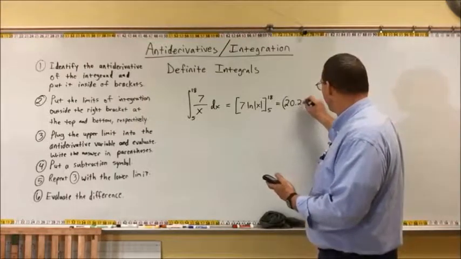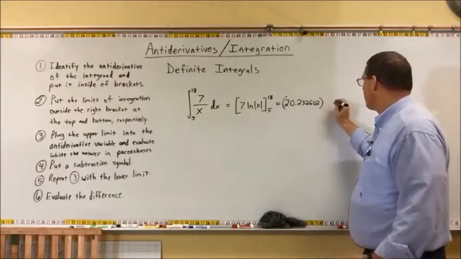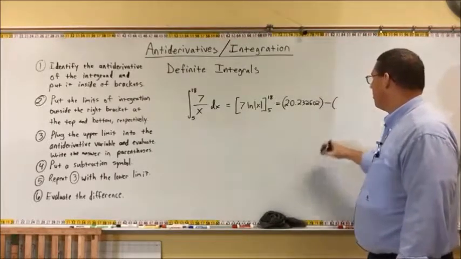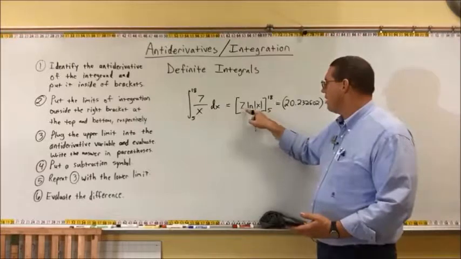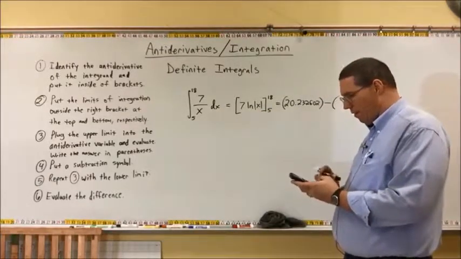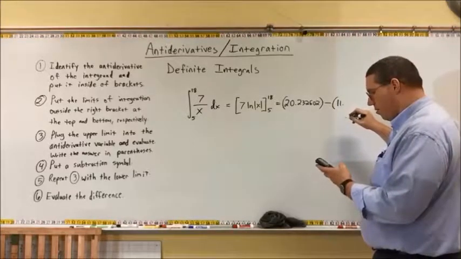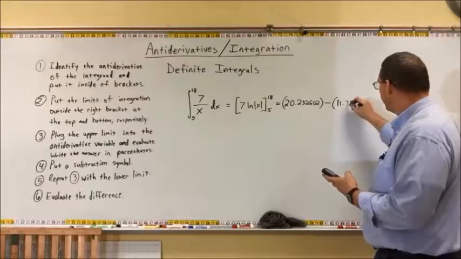20.232602. Close parenthesis, minus, open parenthesis. Now we're going to plug the 5 in. 7 natural log of 5. 7 natural log of 5 gives us 11.266065.